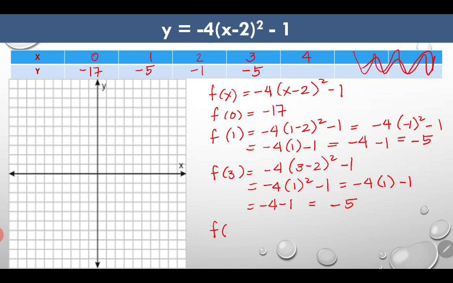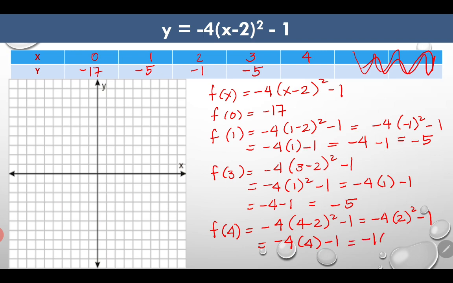And then last, f of 4. So we just change all the values of x with 4. Negative 4 times quantity 4 minus 2 squared minus 1 is equal to negative 4 times 2 squared minus 1. So negative 4 times 4 minus 1. Negative 4 times 4 is negative 16 minus 1 equals negative 17.